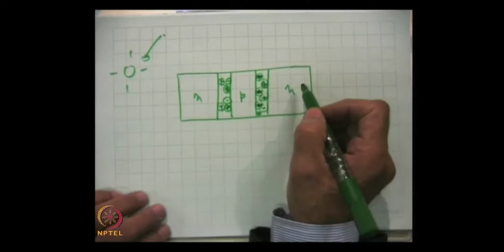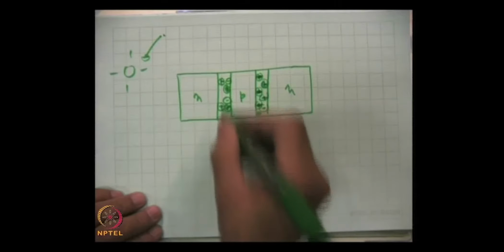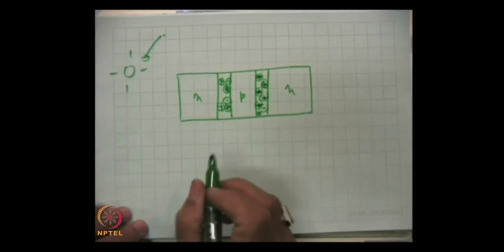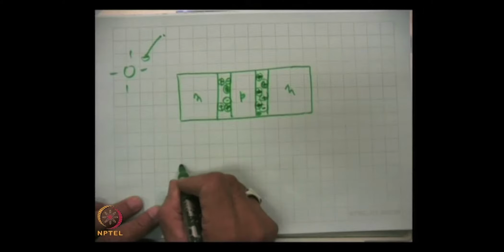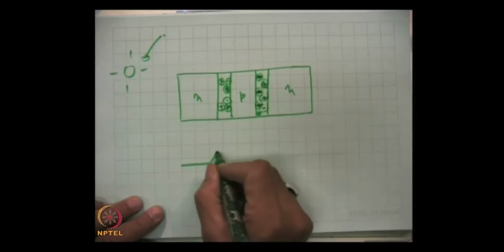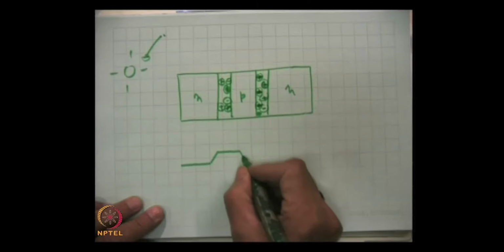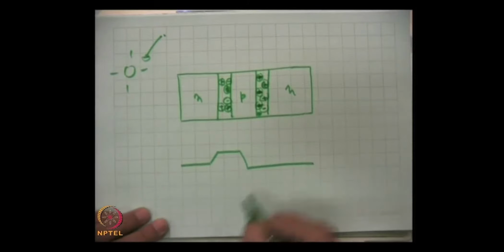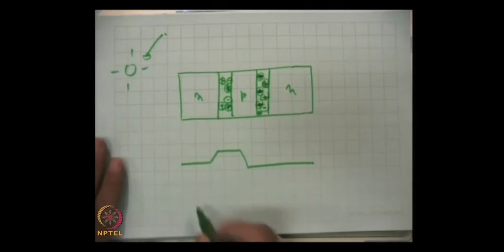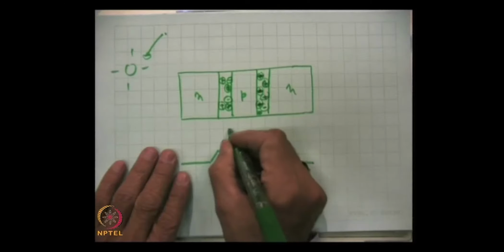So, a potential energy diagram for the transistor can be drawn, and it is like this. This was the potential energy diagram for p type.